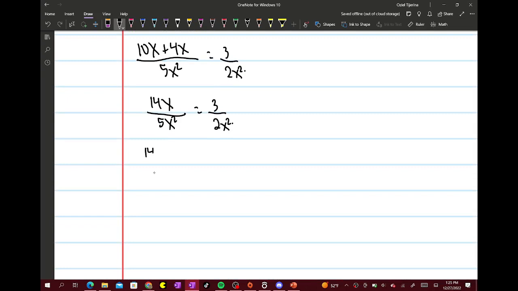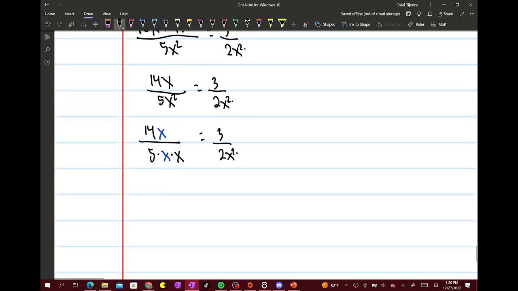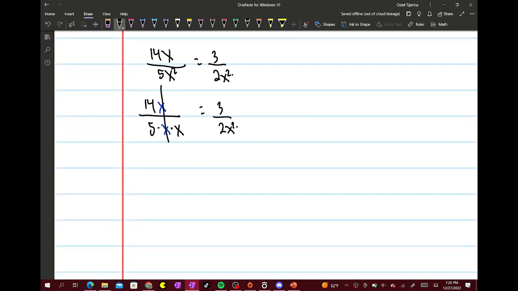So let's do 14x over 5 times x, and this is equal to 3 over 2x squared. So then this cancels out. We have 14 over 5x equals 3 over 2x squared.